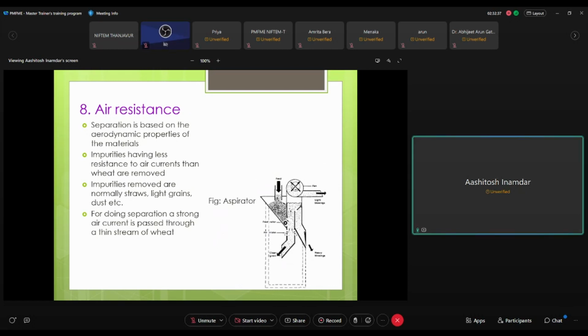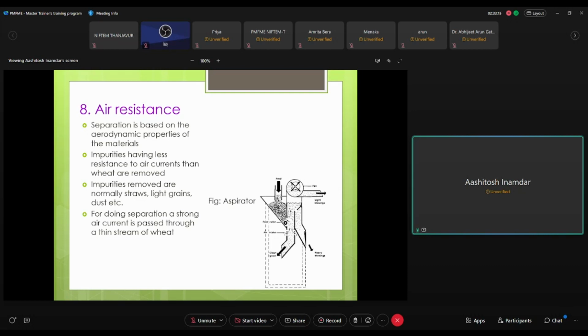Now, the next principle is air resistance. Air resistance basically works on the terminal velocity. Terminal velocity of any grain ranges from around 6 meters per second to around 9 to 10 meters per second. Terminal velocity is nothing but the air velocity which is needed to move the grains from rest. Now, there are impurities which are of similar size to the grain but are lighter. These kinds of impurities are normally targeted here with aspiration. So the whole material is passed through air currents.